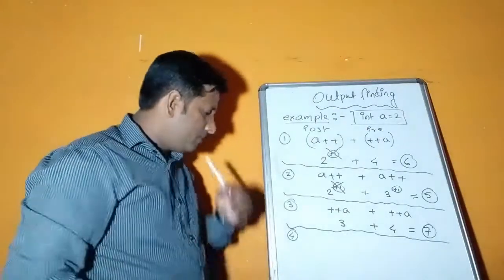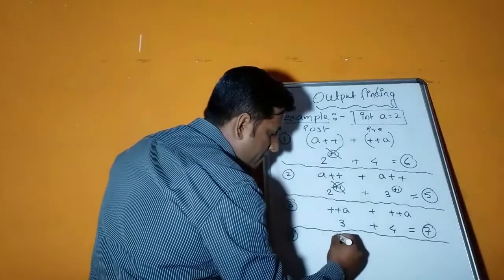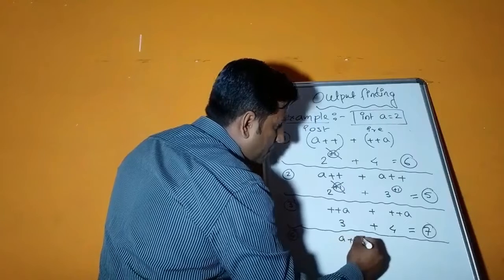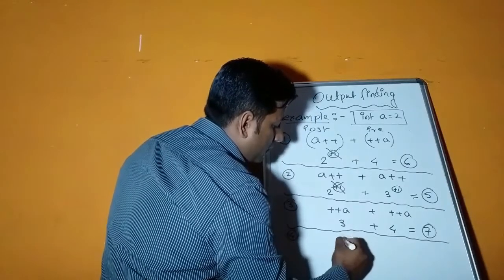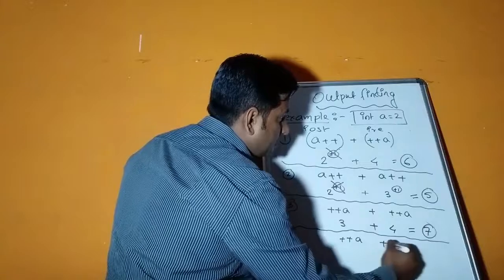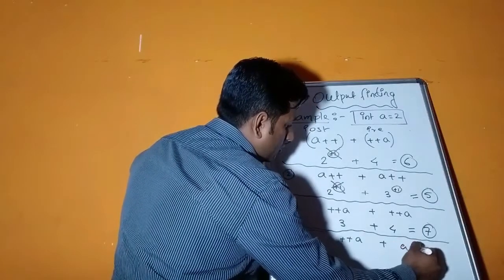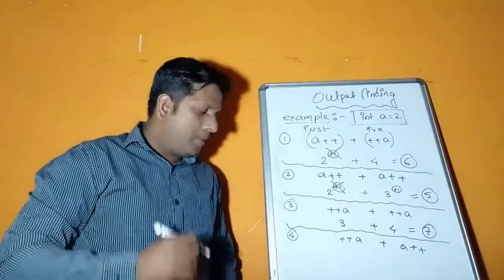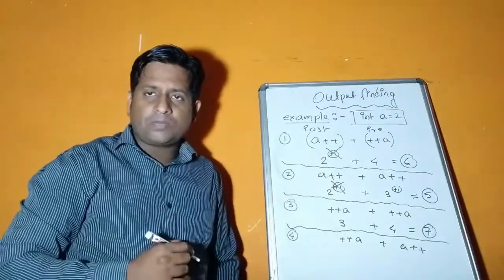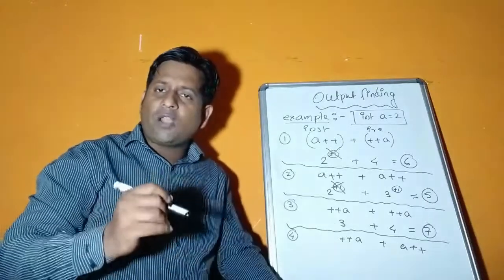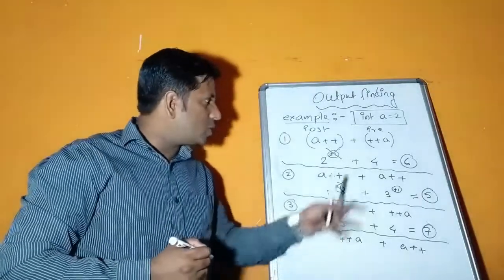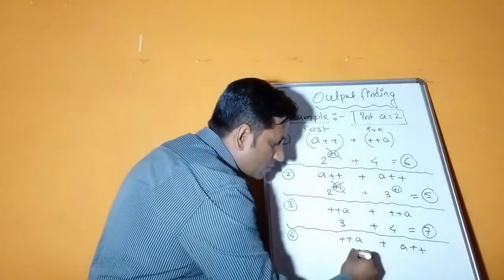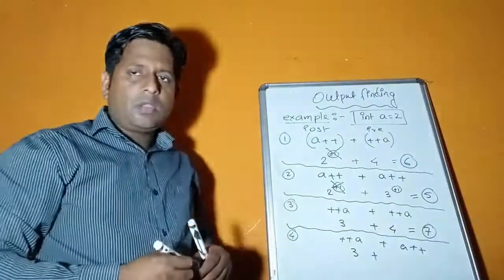Now see number 4. Plus plus A plus, just opposite of the first question. Plus plus A means pre-increment. Pre means first the value will increase. A value was how much? 2. So first it will increase, becomes 3 plus. Now here what we have?